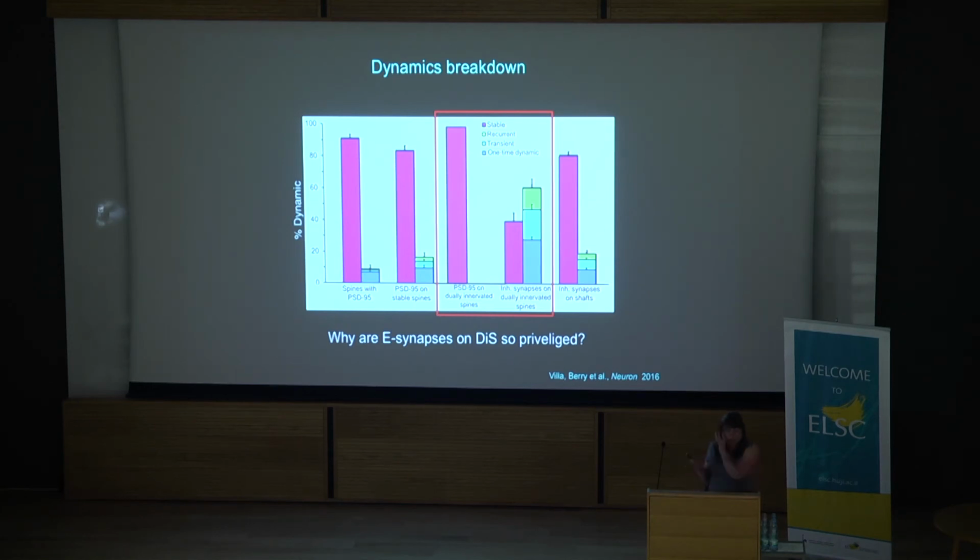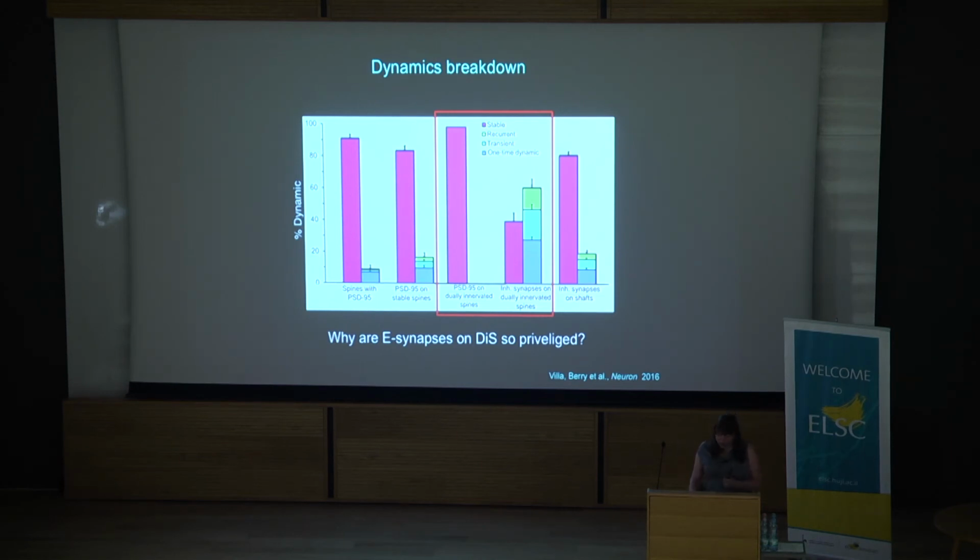And so these are the type of new experiments that we're doing now, which is to try to ask whether we can identify who the inputs are onto specific synapses that have a different dynamic behavior. My favorite idea going into these experiments was that these stable excitatory contacts are potentially the feed-forward thalamic inputs, and that maybe the cortical inputs are the ones that are more plastic.